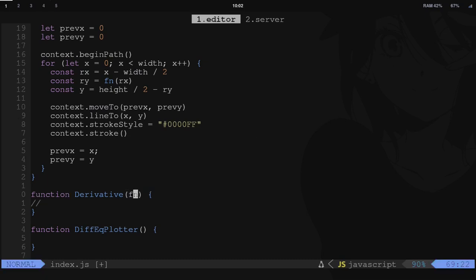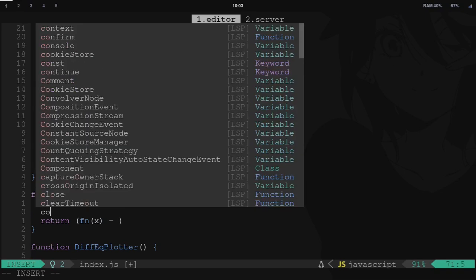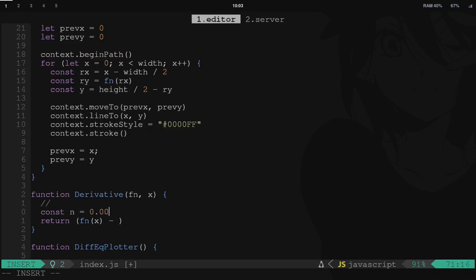So let's take a function and we want its derivative at some x. So we'll be returning function at x plus some really small value minus function at x, divided by n. Let us take const n as this thing.